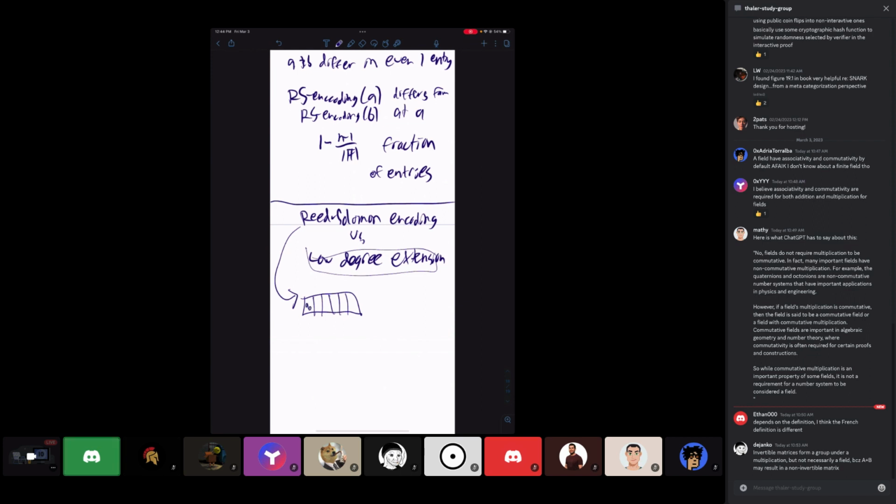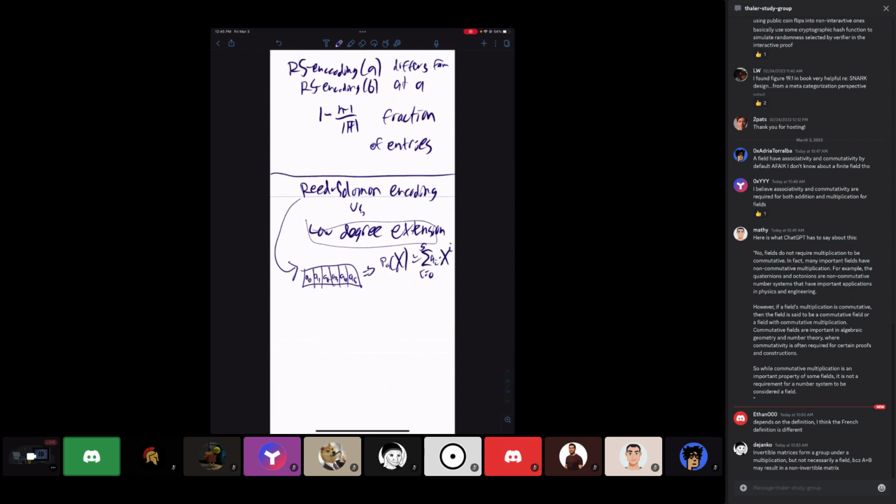So Reed-Solomon encoding, as I've defined it in the book, takes the entries of the vector and interprets them as the coefficients of the polynomial. So sum over i equals 0 to 5 of a_i times x to the i. That's Reed-Solomon encoding.